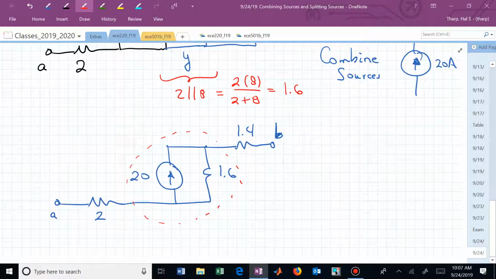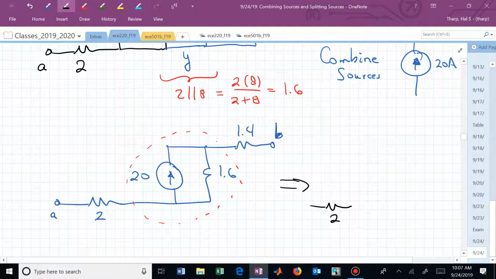Now I simply need to convert that Norton into a Thevenin equivalent. Or now I can say, oh, I have a 2 there, and now what does my Thevenin equivalent look like? Maybe I should do it in blue so that you see what I'm doing.